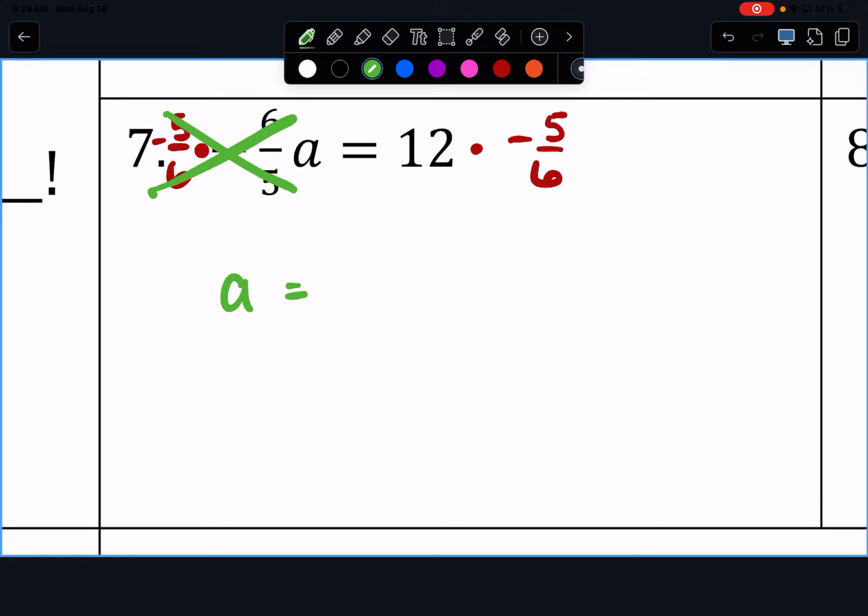So in this case, I cannot simplify 5/6, but can I simplify 12/6? What can go into both 12 and 6? 6. So 12 divided by 6 is 2. 6 divided by 6 is 1, so that's my new fraction. What is 2 times negative 5?